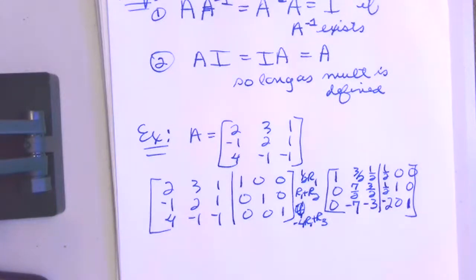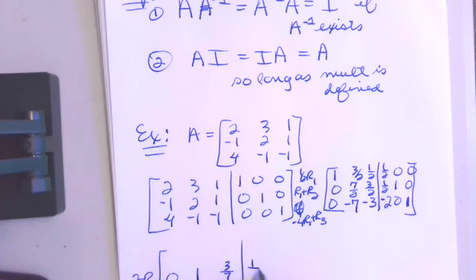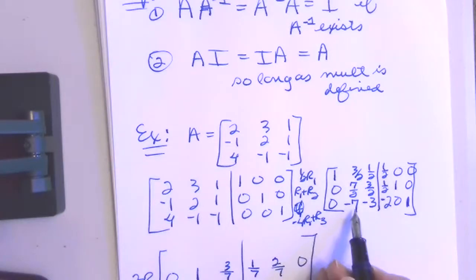Okay. And now I want to get that 7/2 to be a 1. So I'll say 2/7 row 2. So that'll be 3/7. And then I'll get 1/7, 2/7, 0. Okay, and now I want to get rid of the -7 using this +1.